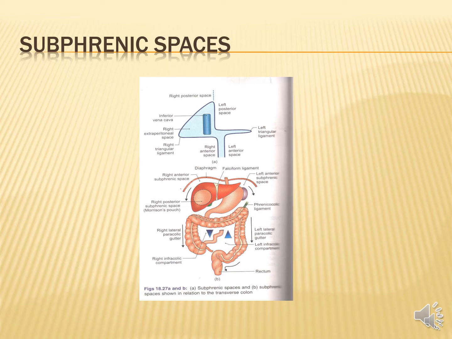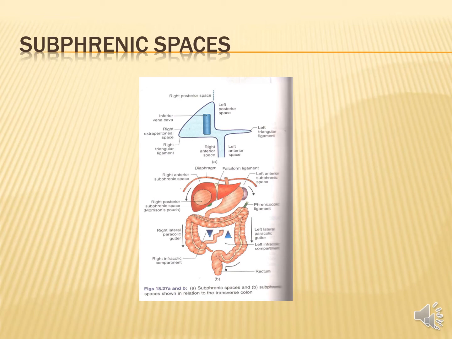It is located anterior to the left triangular ligament, and if there is an abscess in this space, it can come from an operation on left-sided viscera like the stomach and spleen. Then we can see the left posterior space, which is nothing but the lesser sac.